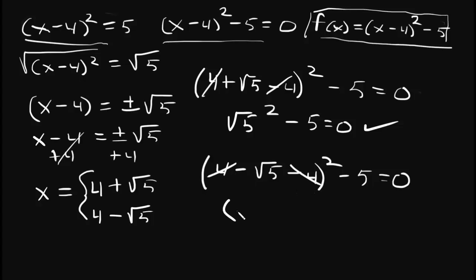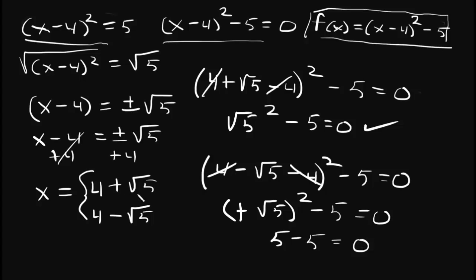Now we've got (-sqrt(5))^2 - 5 is equal to 0. When we square this, we're multiplying a negative by a negative, so the negative becomes a positive. And when we square the square root of 5, once again we get a plain old 5, and 5 minus 5 is indeed 0. So we know that these two are the correct answers.